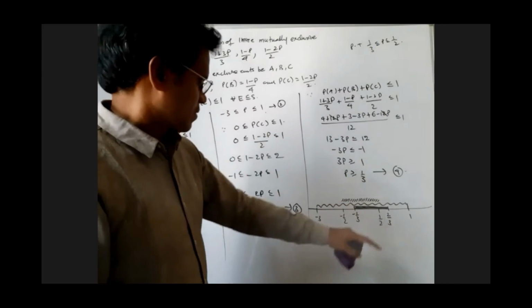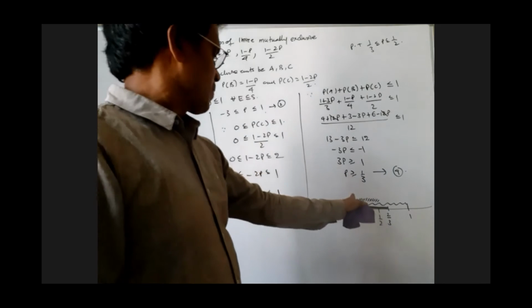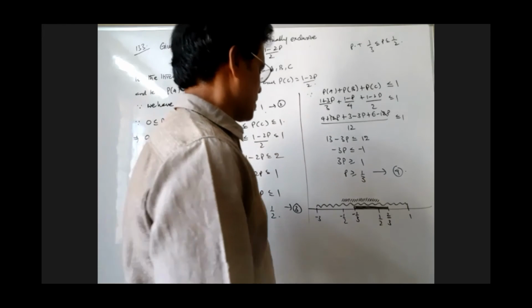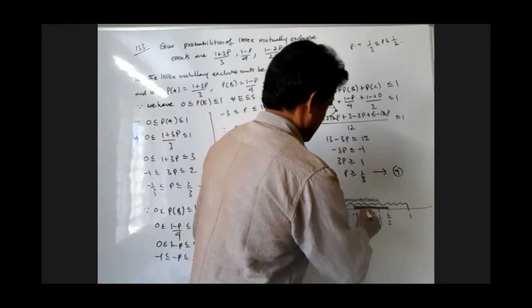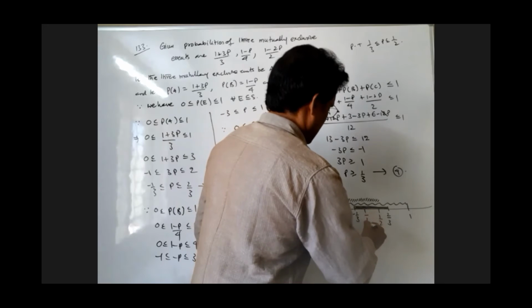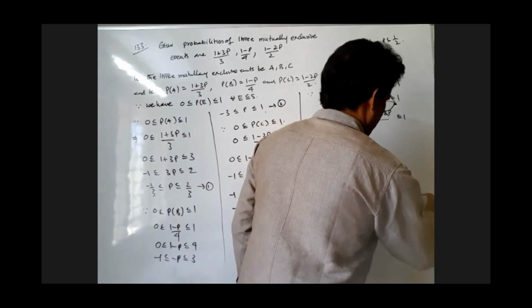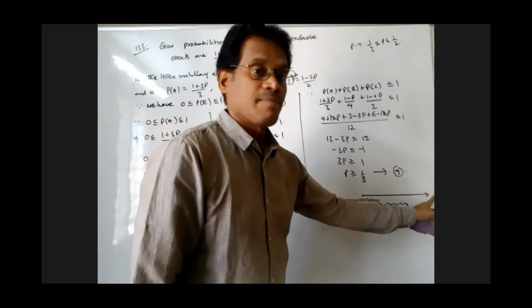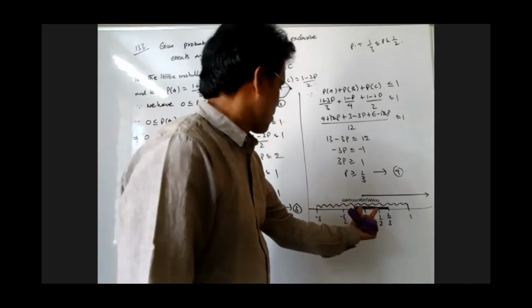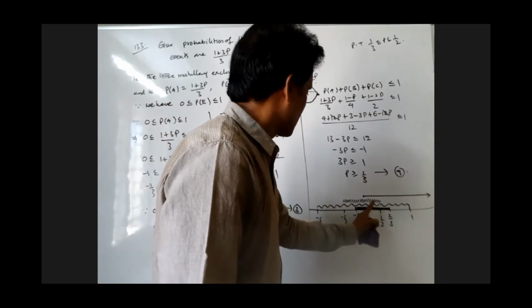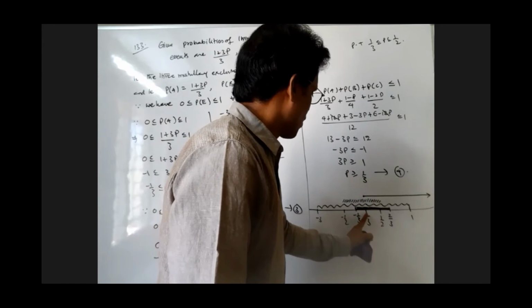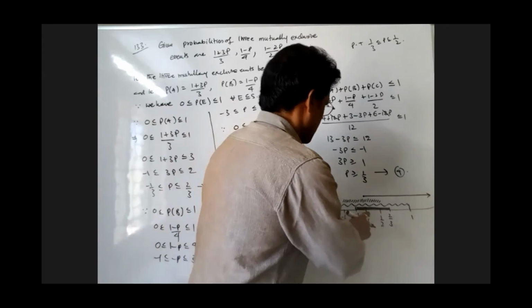Last portion, p greater than 1 by 3. Where is 1 by 3? Somewhere here. Greater than 1 by 3 means up to infinity. That is the line. Now, what is the common part of the thick line, curved line, slashes, and this line? 1 by 3 to how much appears?